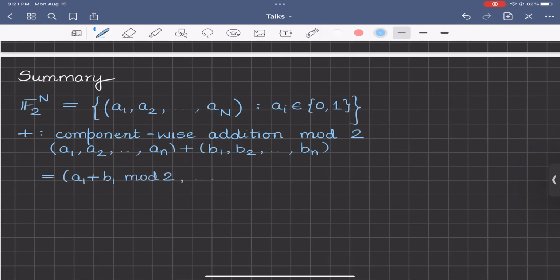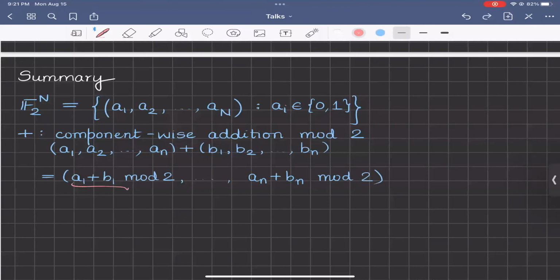Maybe I should not keep saying mod 2, just always use these as mod 2, but let me just write it this way anyway. Mod 2. This operation is also called XOR, by the way.